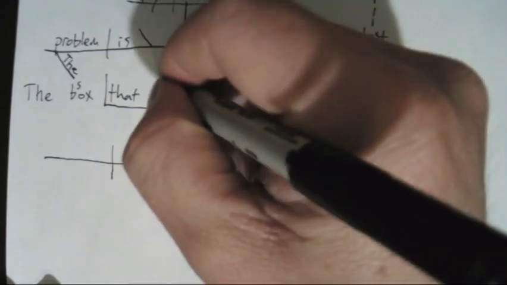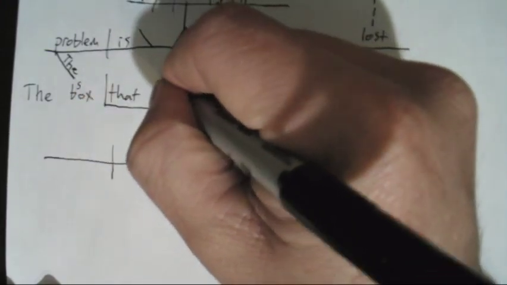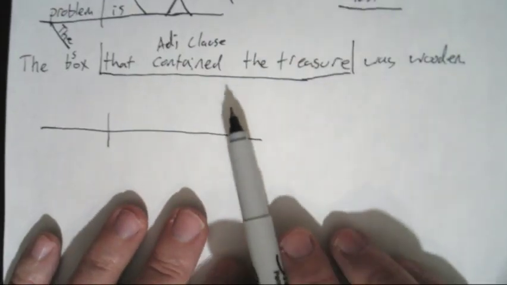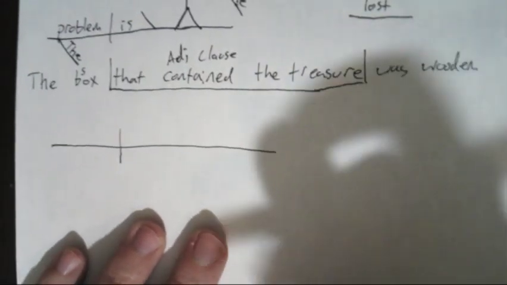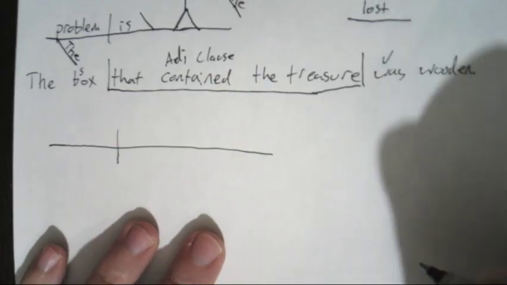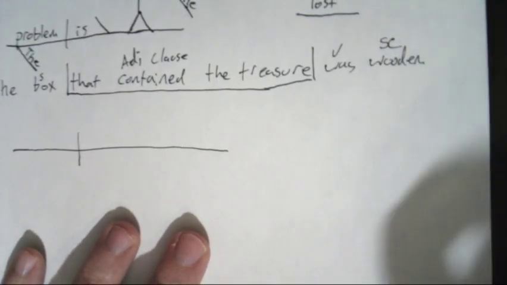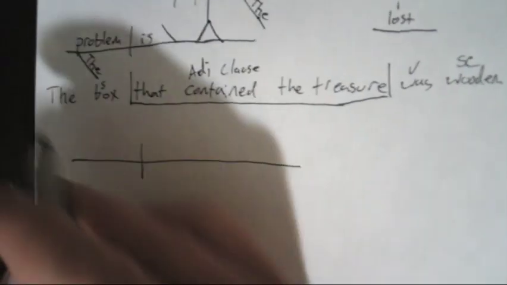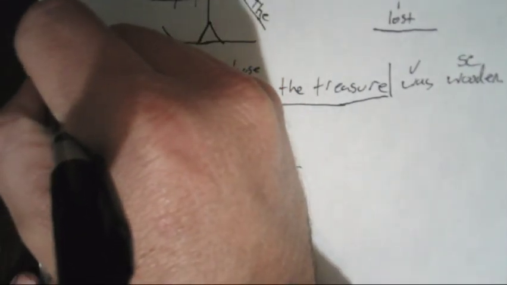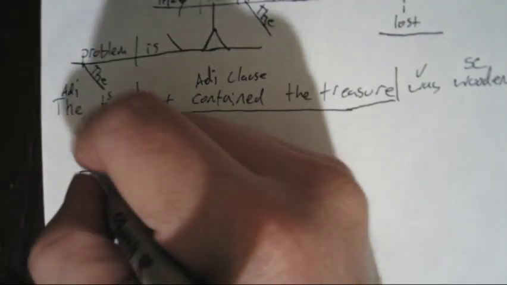So if it's modifying a noun, it's got to be an adjective clause. Right? And we know how to handle that. You guys did that last time. Was wooden. Was is our verb. Right? Wooden is our subject complement. And the over here is, of course, an article or an adjective. So, let's get to work. Box.